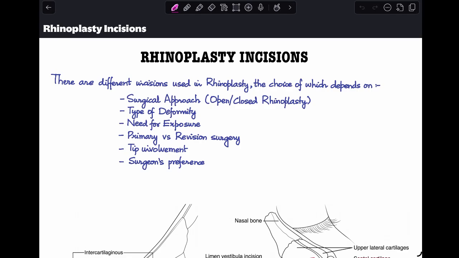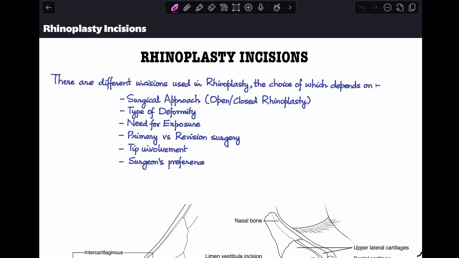Okay, so let's get started with our class. So we do have a lot of different incisions, as I mentioned, in rhinoplasty, and we choose which one to use depending on, first of all, our surgical approach, whether we are taking an open approach or a closed approach rhinoplasty, and also based on the deformity, the type of deformity in the patient, what is the need for exposure, whether this is a primary surgery or a revision surgery, if there is a tip involvement in the case or not, and also according to the preference of the surgeon.